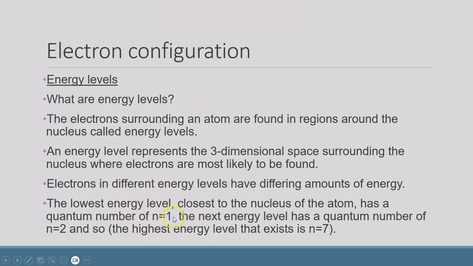N equals 1 represents the energy level that is closest to the nucleus of an atom, and that is associated with less energy than the second energy level, which we refer to as n equals 2. There are potentially 7 energy levels, and each energy level is associated with more and more energy relative to the previous energy level.